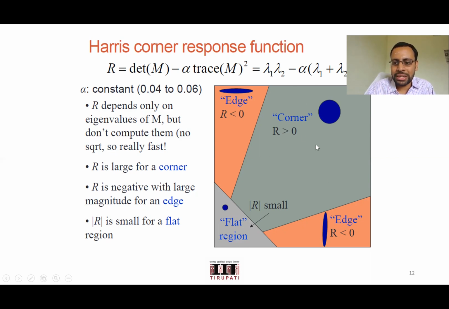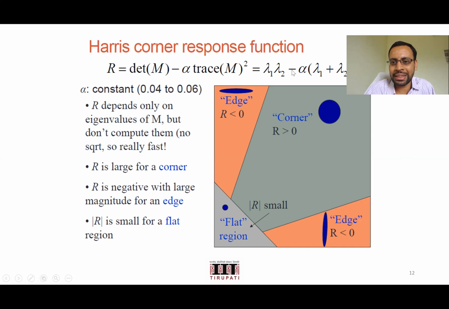Now take a look at these two cases where lambda 1 is large and lambda 2 is very small, or vice versa, it doesn't really matter. You could see these two variables are interchangeable. You could see here a very small value, right? When you are multiplying it, let's say this is 0.1, assume that this is 100. So it's like 10% of this value you are taking here, okay?